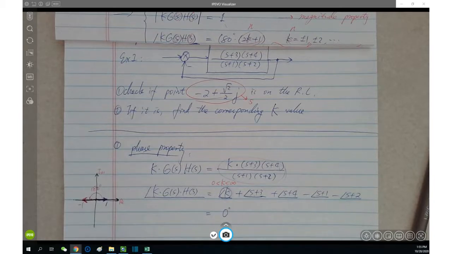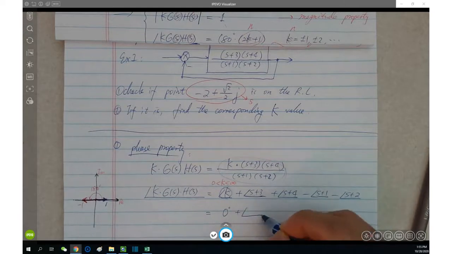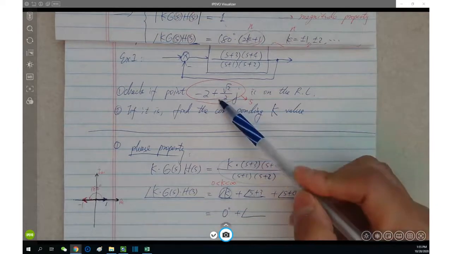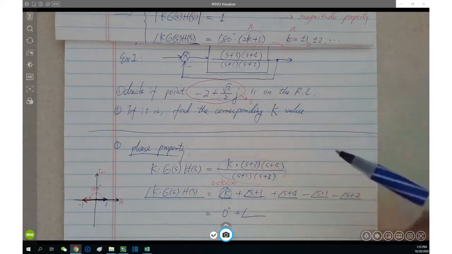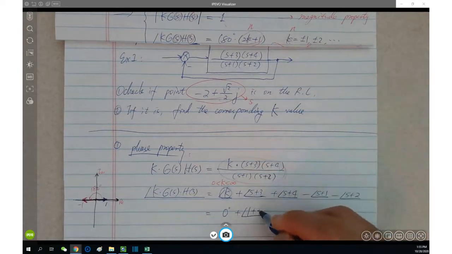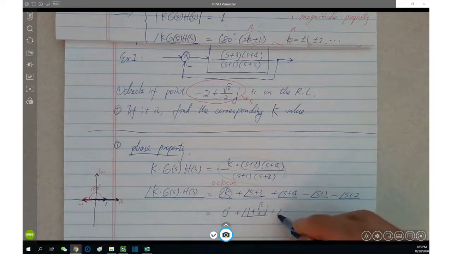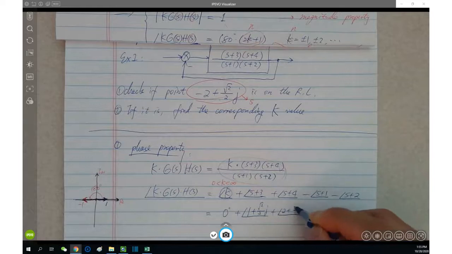This is how you understand the phase angle of a constant. Okay? Phase angle of constant. Then what is the angle for S plus 3 then? First of all, you substitute S by the given value here. So it's angle of 1 plus square root 2 by 2j plus angle of 2 plus square root 2j.